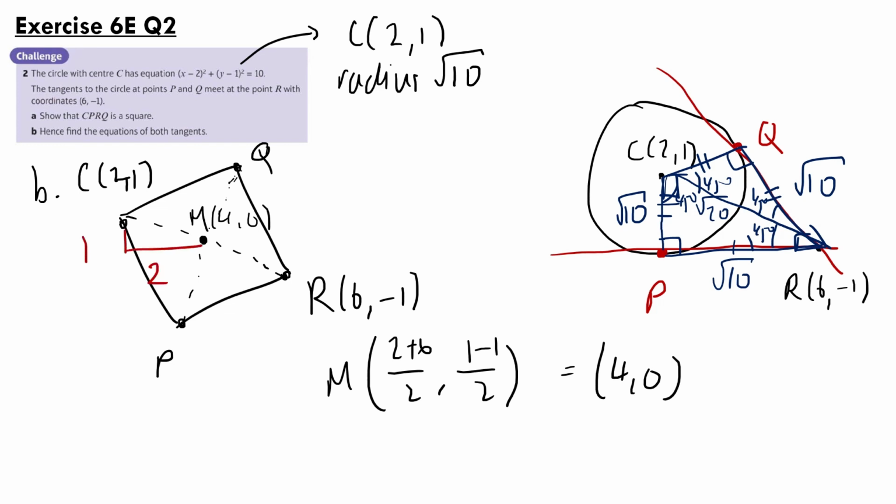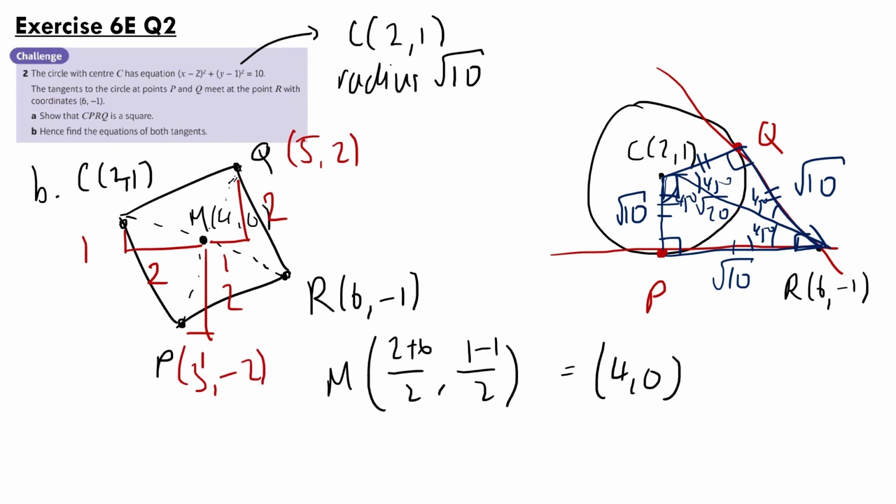So to get from M to Q, because of the symmetry, we have to go across 1 and up 2. And to get from M to P, we have to go down 2 and across 1. So the coordinates of Q are (4 + 1, 0 + 2), so (5, 2). And the coordinates of P are 4 − 1, which is 3, and 0 − 2, which is −2.